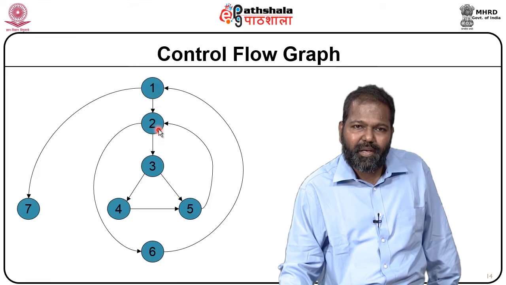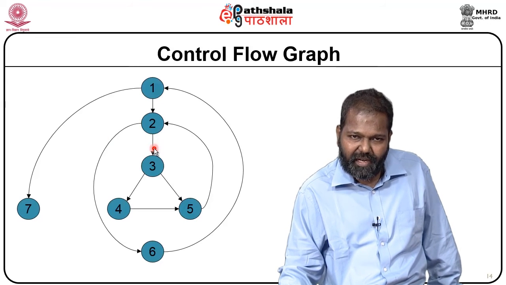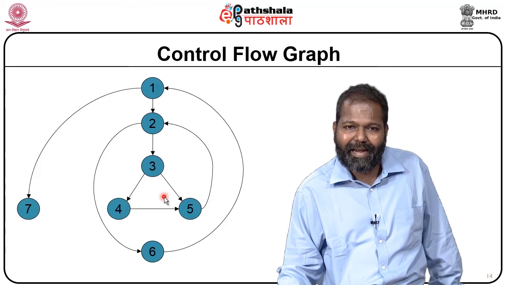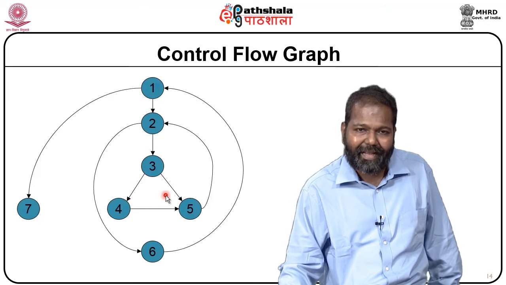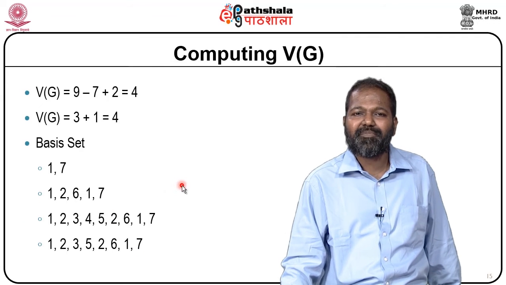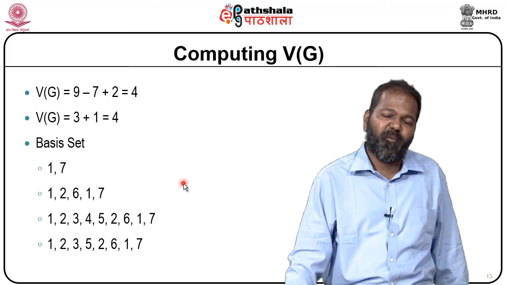Again, 2 is a predicate node because you have 2 edges originating from it. 3 is a predicate node because you have 2 edges originating from it. So, V of g equal to 3 plus 1, which is 4.